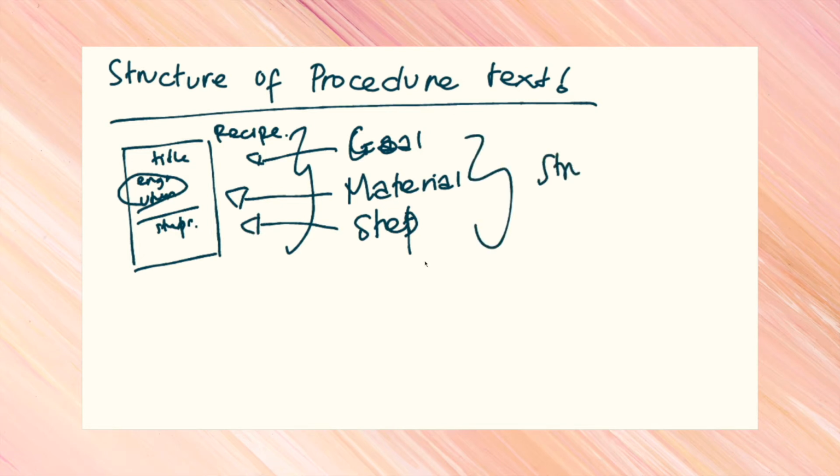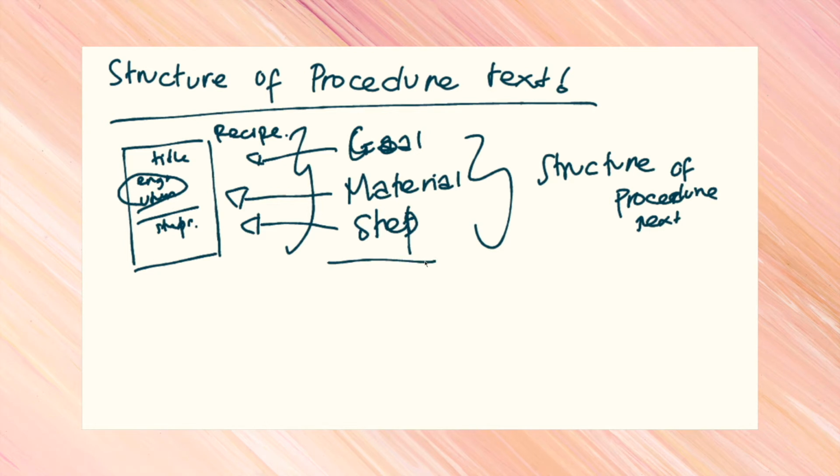These are the main structure of procedure text. And this is the correct order of how you write procedure text. You cannot just change it into, I want to do the steps first, and then I want the goal to be second, and then the material to be last.